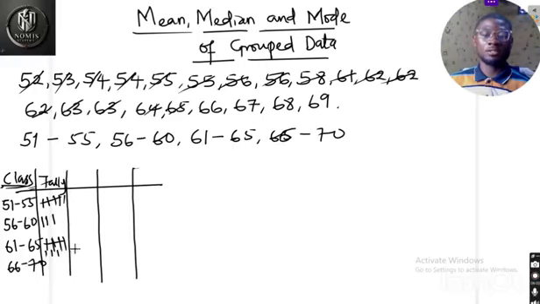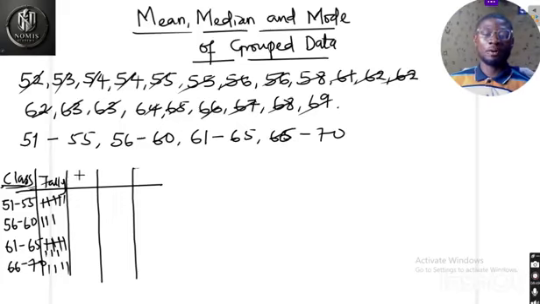So we have 8 here. And then here we have 66 falls here, 67 falls here, 68 falls here, and 69 falls here.